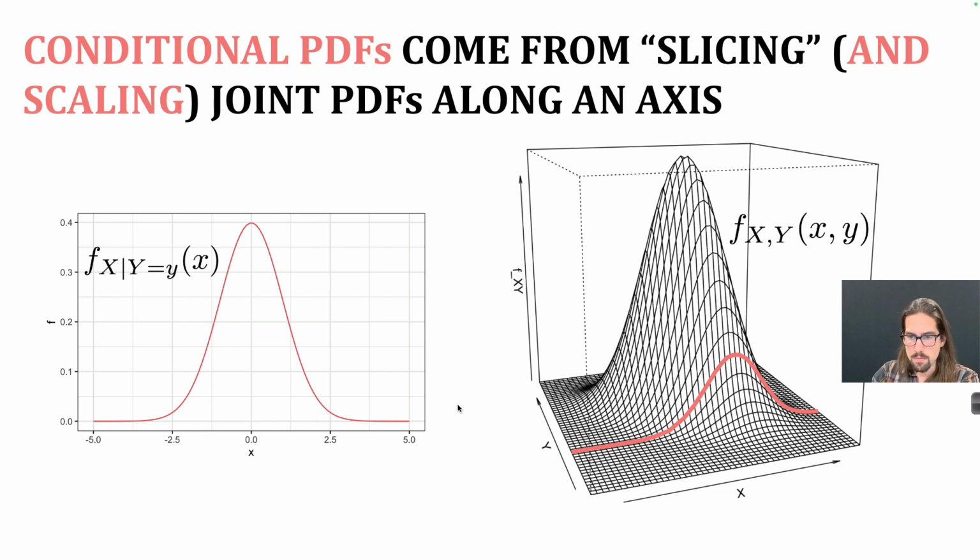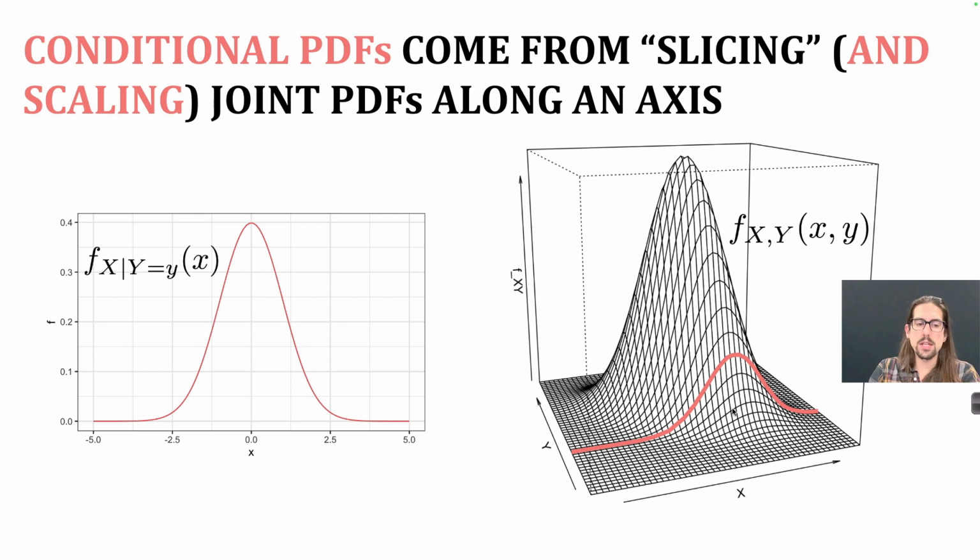So if this is the joint density of x and y, and y is a particular value, let's say here y is like 1, what are the values of the joint density as I vary x, but I keep y fixed to 1? If I look at the conditional density, it's exactly this curve. It's like I'm standing over here and looking at it this way. I've taken this and drawn that over here.